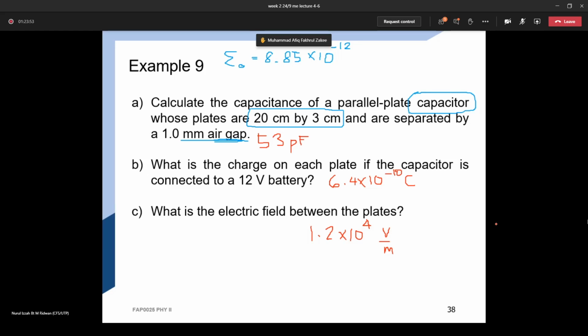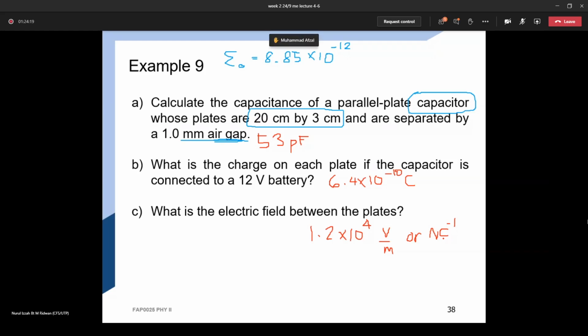Farad. Farad for capacitance, coulomb for charge, and V over M, which is volt per meter, for electric field, or you can also use N over C, no problem, because electric field is also Newton per coulomb. So let's say you cannot remember V over M, but you use N over C instead. Both are correct.